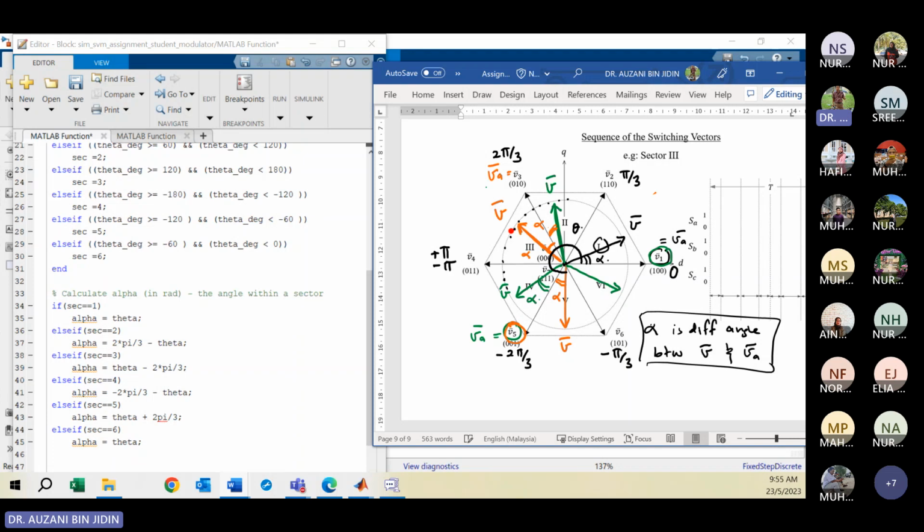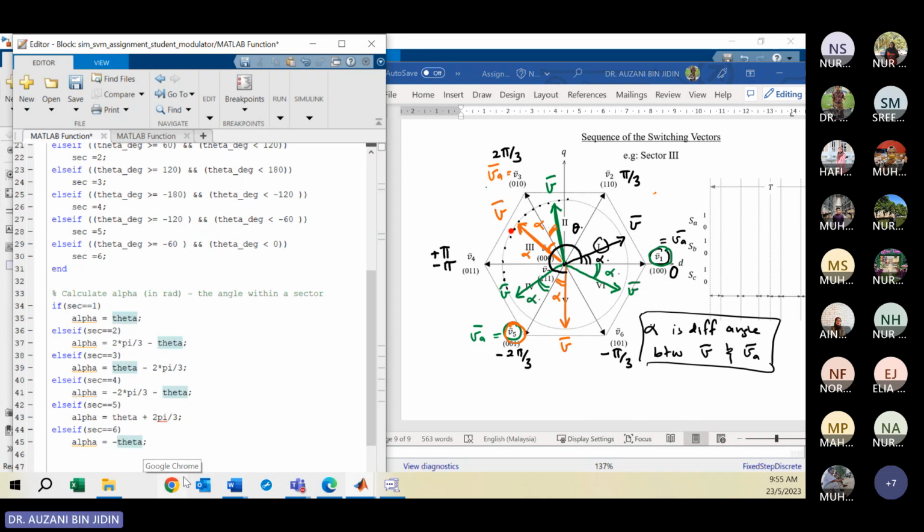So the angle difference between V and V1 here you can obtain as minus theta, because it goes downward.